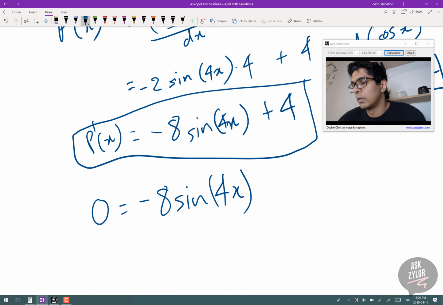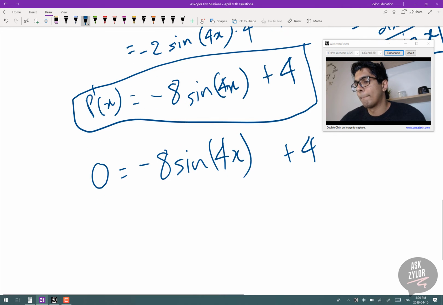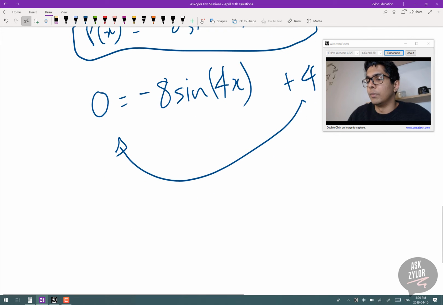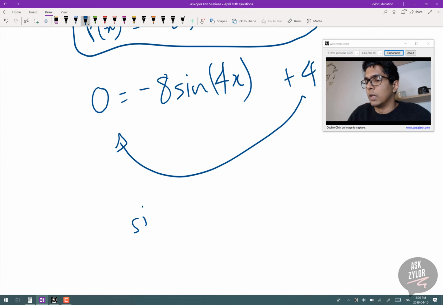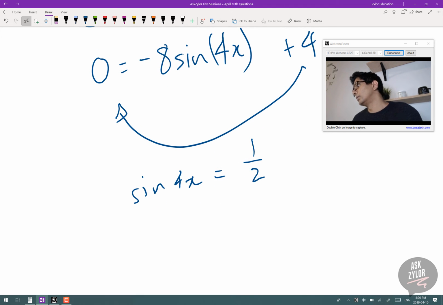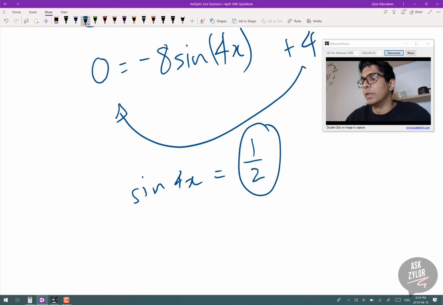Negative 8 sine 4x plus 4 equals 0. So then I can bring the 4 over to give me sine 4x is equal to 4 over 8. In other words, that's going to be 1 over 2. And then essentially we're looking at when sine is 1 over 2, which is when the angle is pi over 6.